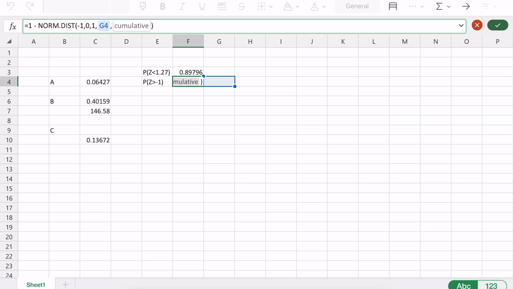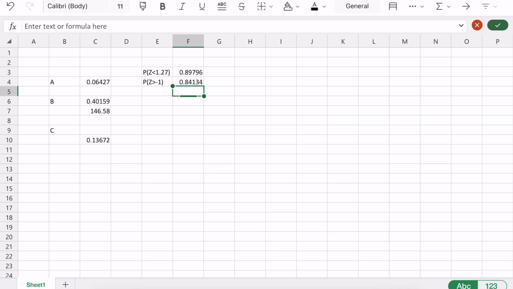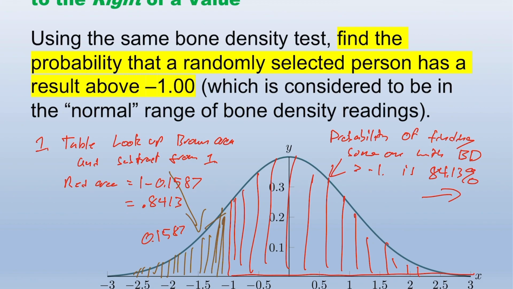And for the cumulative, I want it to be cumulative. Enter. 0.8413, and so that's what I find in Excel as well.